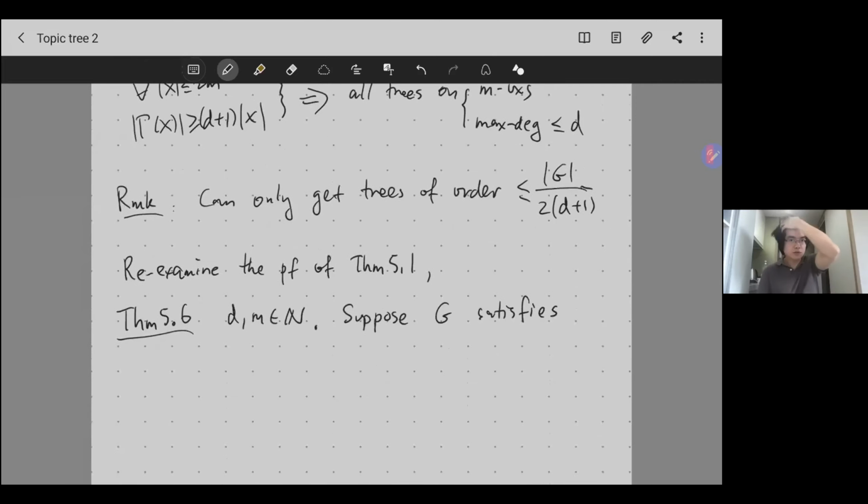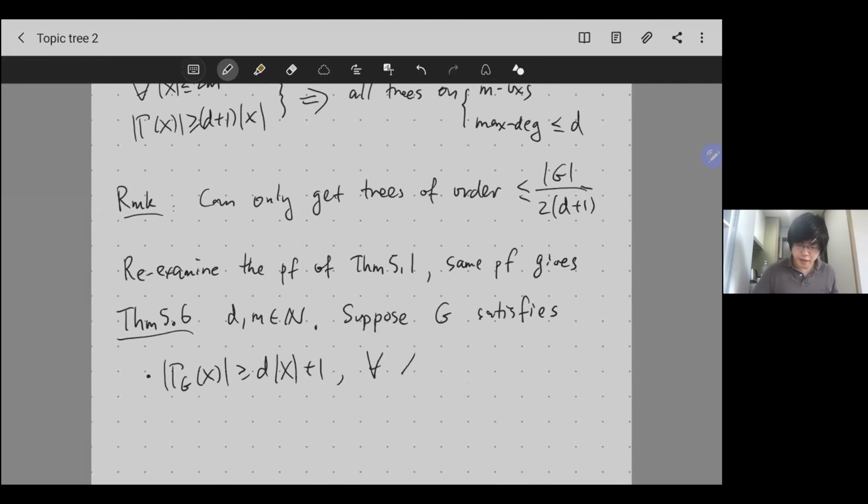What is the expansion? Well, first of all, small sets expand by a factor of d plus 1 as usual, for any X of size smaller than m.